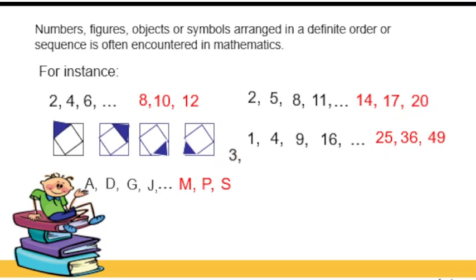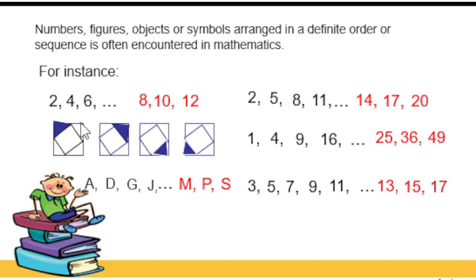For the last one, we have 3, 5, 7, 9, and for the next numbers, 11, 13, 15, 17, and so on.